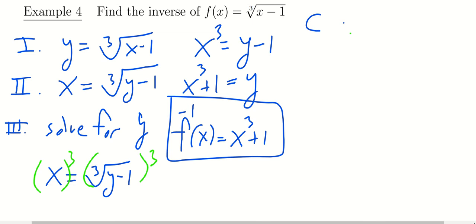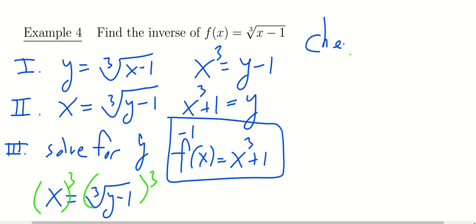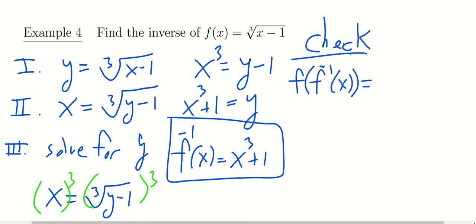Again, it's good practice, and you should do this. Let's go ahead and check our work. Let's do f composed with f inverse of x. f of x says to take the cube root of your input minus 1. Here the input is f inverse, which is x cubed plus 1.